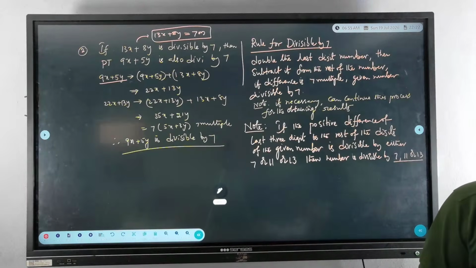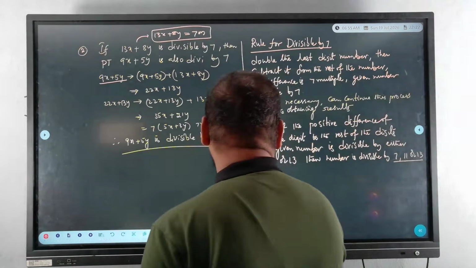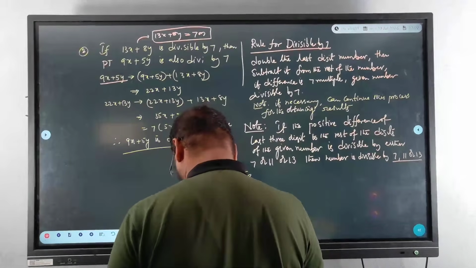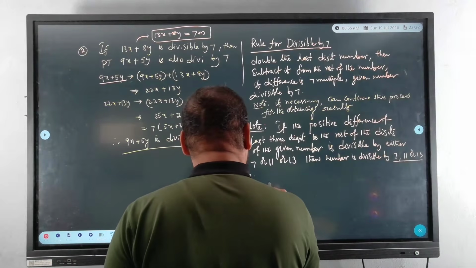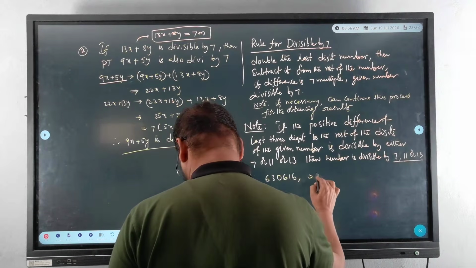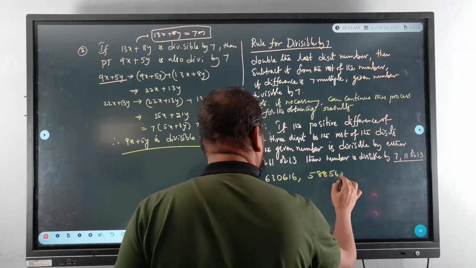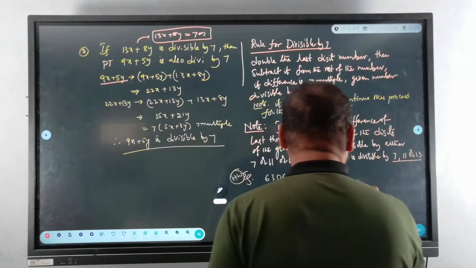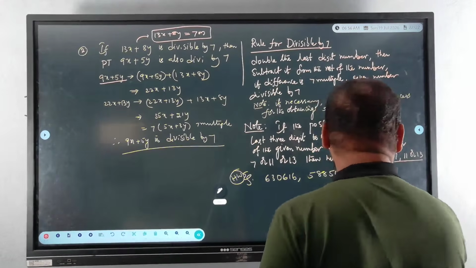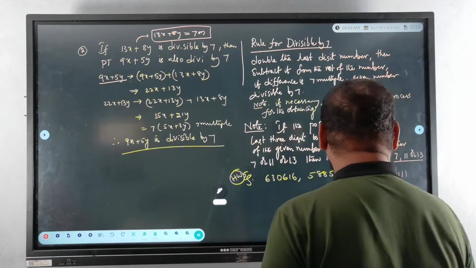Check these numbers. I'll give examples here. All of you verify after completion of the class as homework. 630616, one number. 588567, another number. 28105 is another number. 40111.